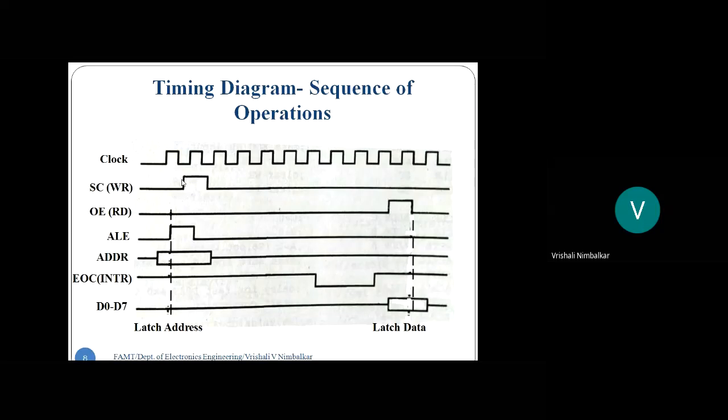So start of conversion is given, wait for certain time. After that, disable ALE. Once the channel is selected, the job of ALE is done. So deactivate ALE, logic 0. After a certain time, deactivate start of conversion, because we need only one pulse to start the conversion.